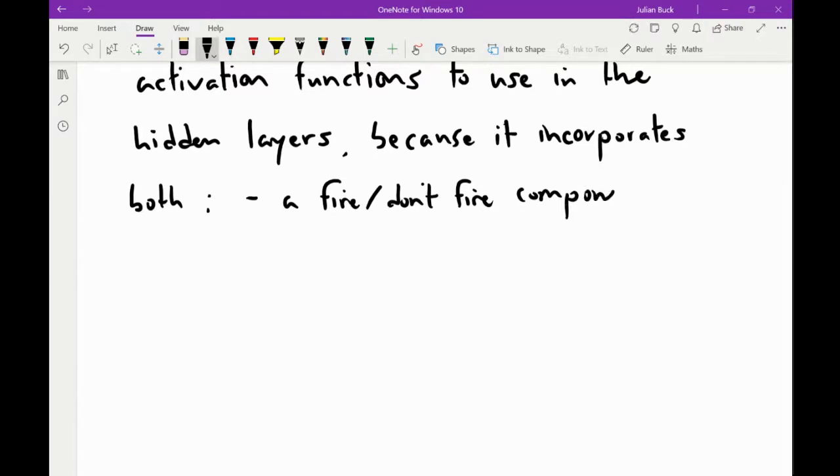So in the hidden layers, the idea is you want the idea of don't fire to be there because you don't want irrelevant or unimportant or useless information to be passing through the neural network. If at some learning level, the neural network evaluates some given data as not being important or useful or interesting, then it's good for it to not transmit that at all. Then it also has a signal intensity component. If it does decide that you're passing useful information, it can control how strong that information is.